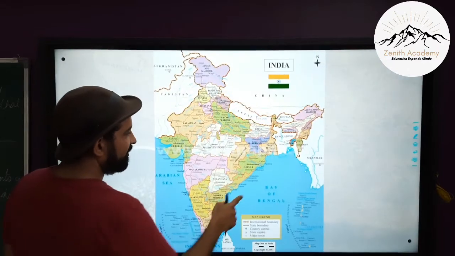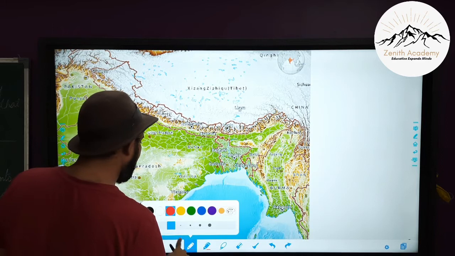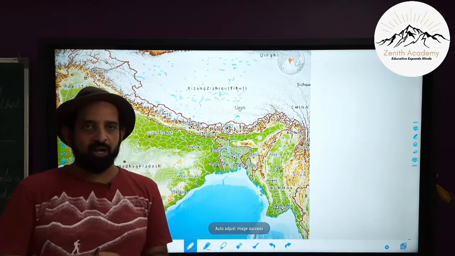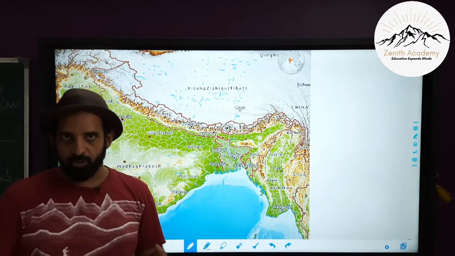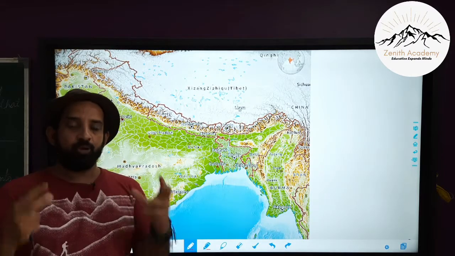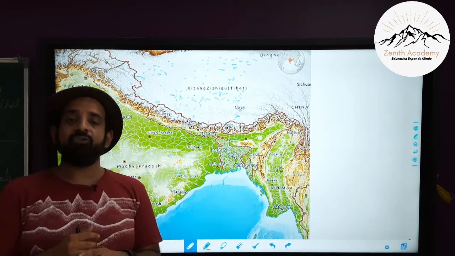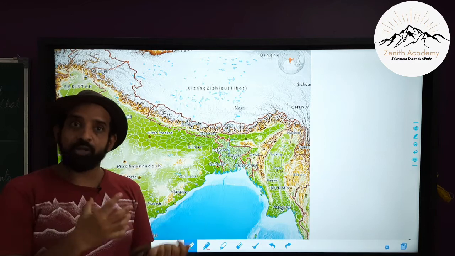So let us now go to a very interesting and different type of map. Now in a political map, students, parents, you learn how borders are defined. That gives you an idea about your area and the neighboring area, different cities, different important locations in the map. But a physical map gives you an idea about the earth features of that particular land.